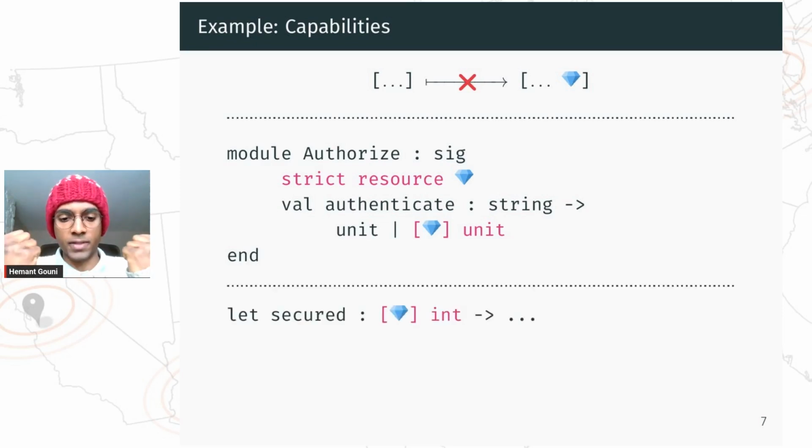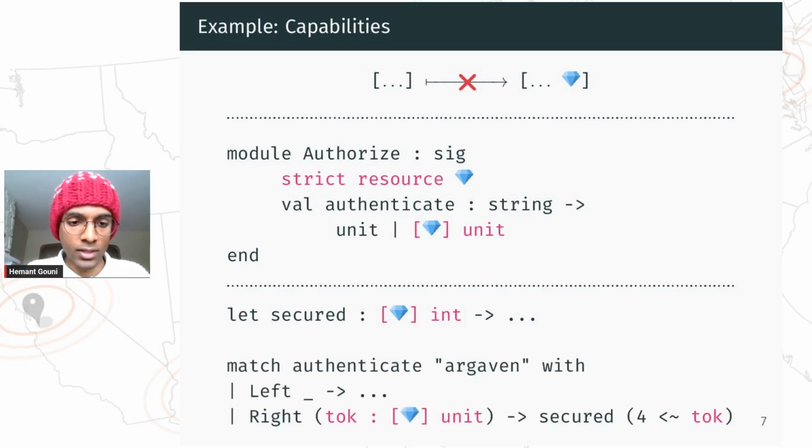So if you have some sensitive information or some sensitive functionality in your program that you need to gate behind authorization, all you need to do is mention a diamond in one of its arguments, and this prevents anyone who hasn't successfully authorized, and therefore doesn't have a diamond to present to it, from calling it. And so one example usage of this is to call authenticate against some password attempt.